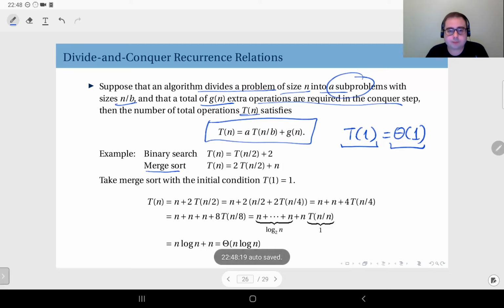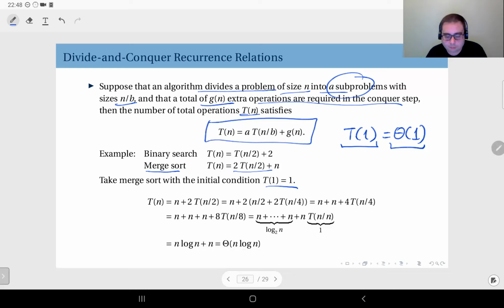Take merge sort, T(n) equals 2 times T(n over 2) plus n, with the initial condition T(1) equals 1. So recall merge sort, it's a sorting algorithm. If your input is just a single number, it's already sorted, so T(1) is 1. You don't need to do anything.